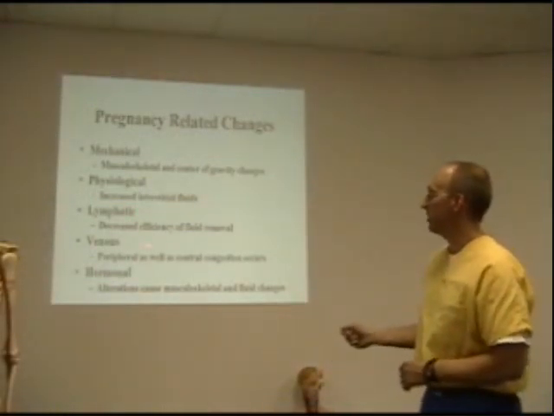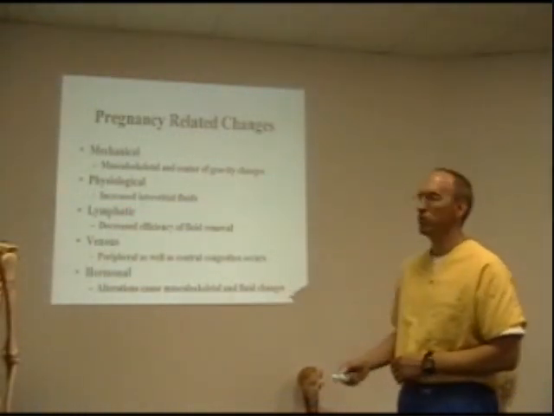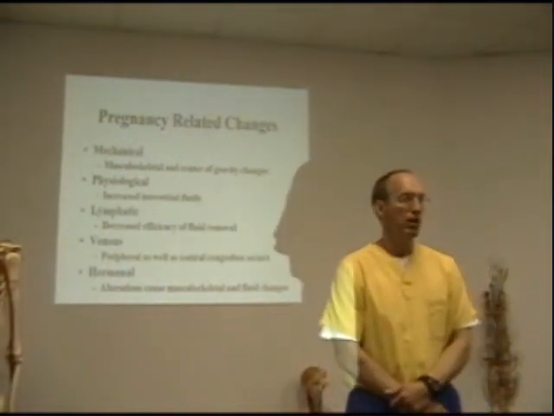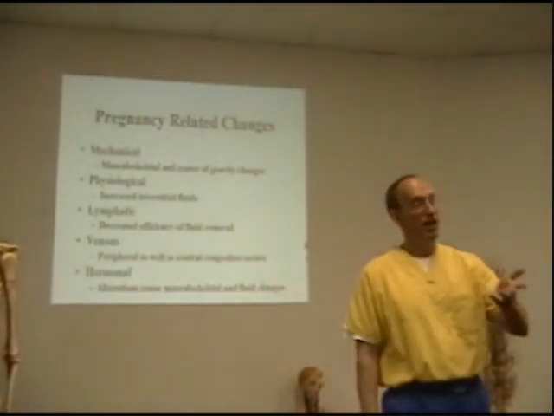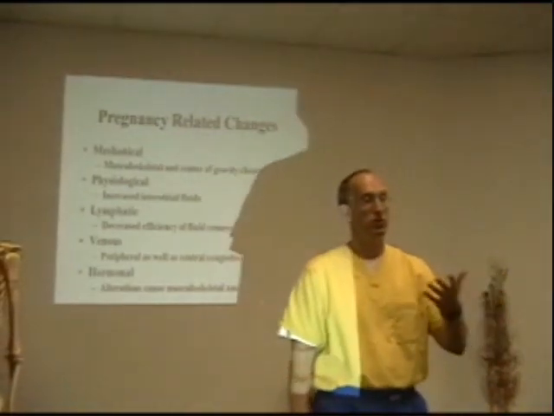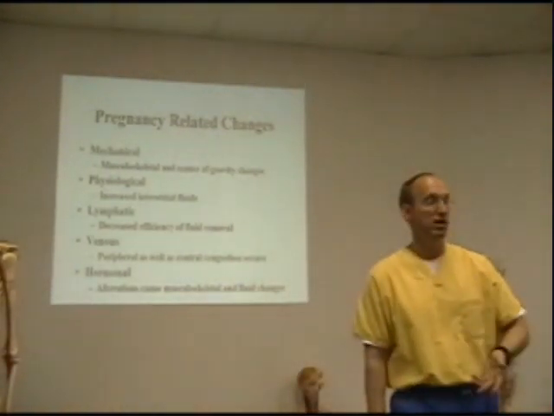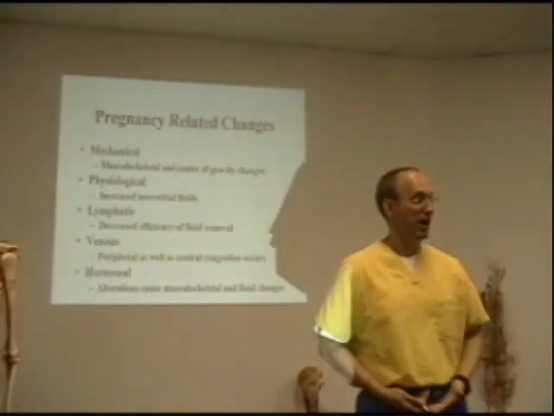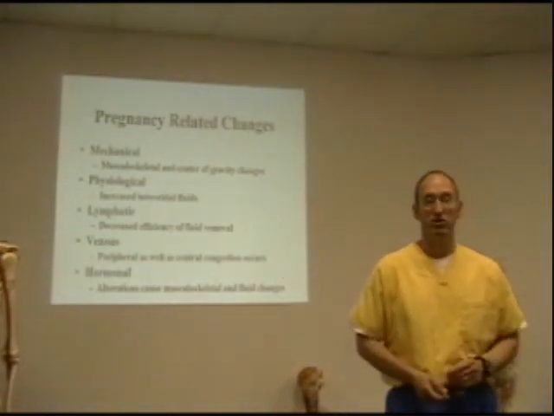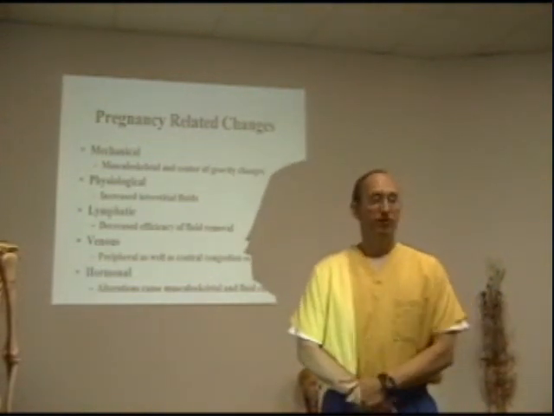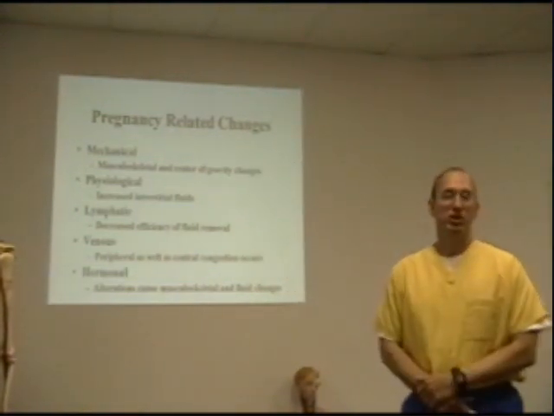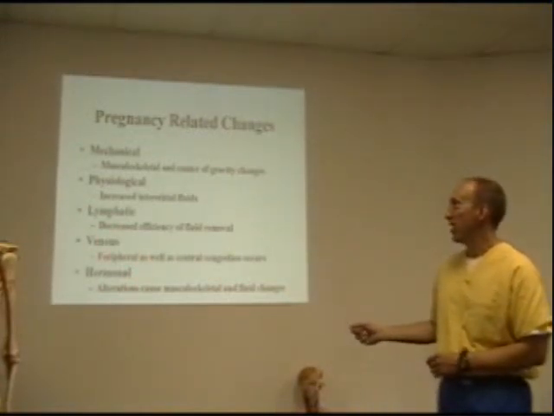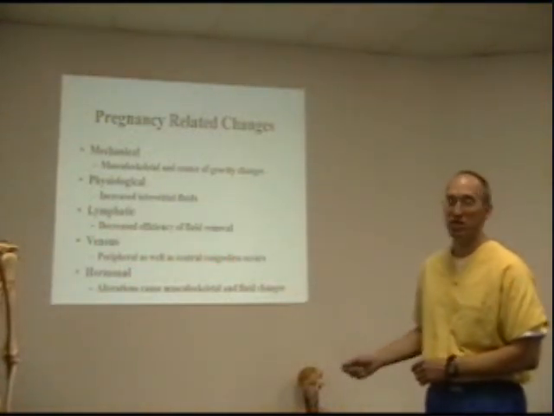From a lymphatic standpoint, there tends to be a decreased efficiency of fluid removal. Why might that be? Well, the diaphragm in the later stages of pregnancy starts to become compromised, which is a major pumping action, right? What else might happen? Pressure changes, because of the other transverse fascial planes, or diaphragms as we call them as well. Compression of major venous elements, which ties into venous problems, peripheral as well as central congestion.